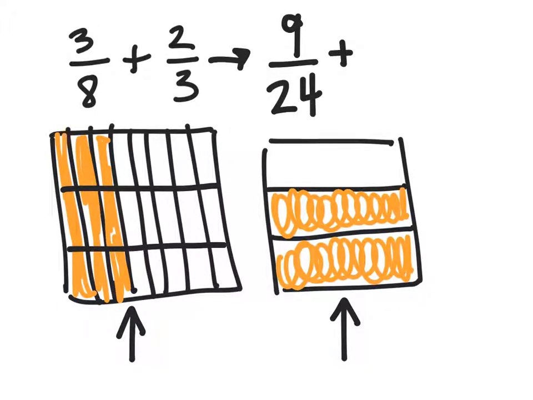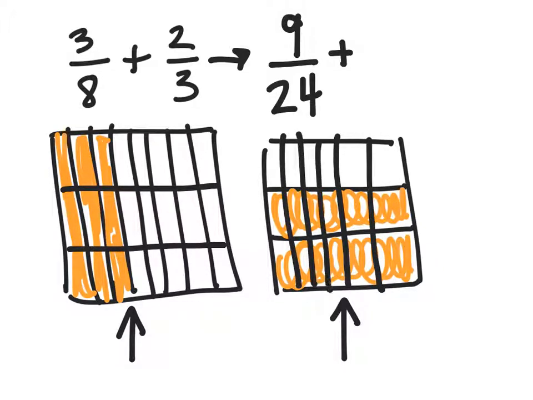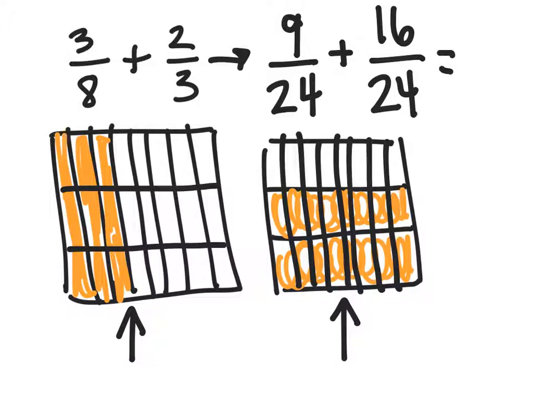And then for our units of thirds, we can multiply that by 8. And then that will give us, let me finish drawing it here, 8 times 2 is 16 24ths. Add them together, that gives us 25 24ths.